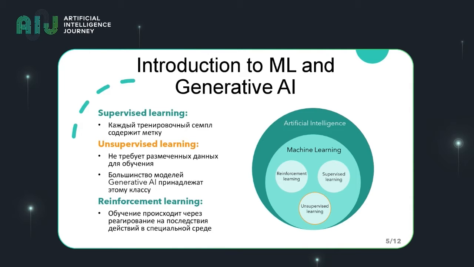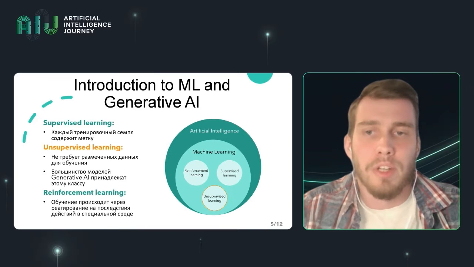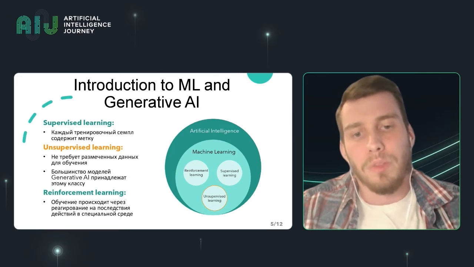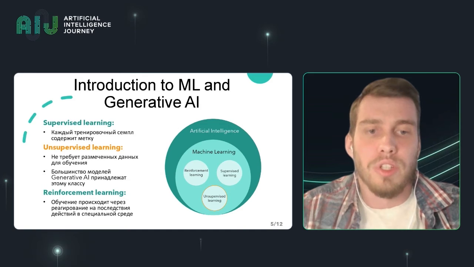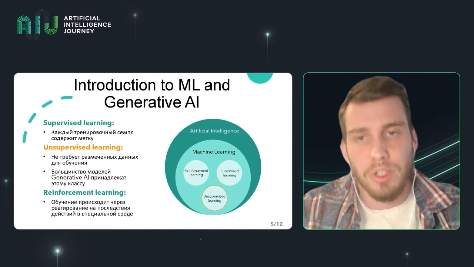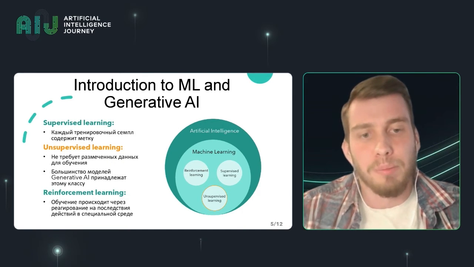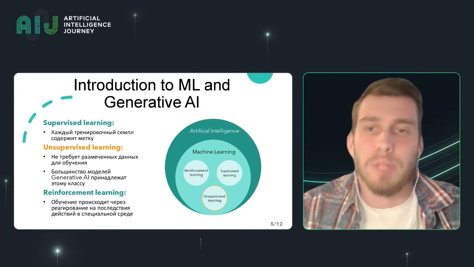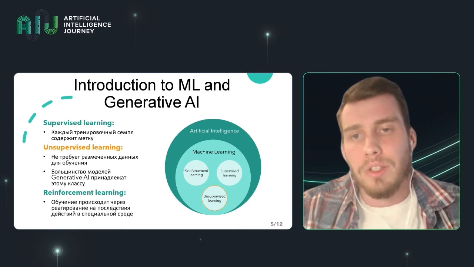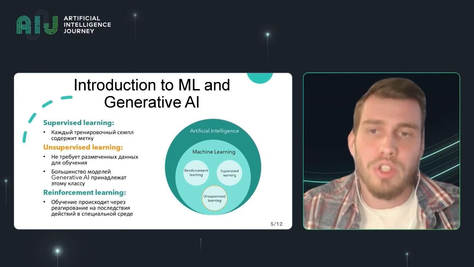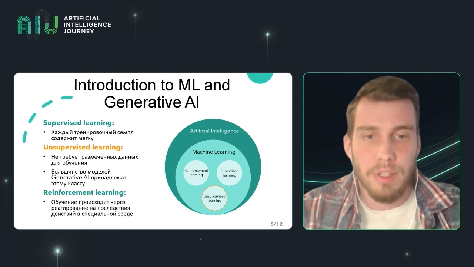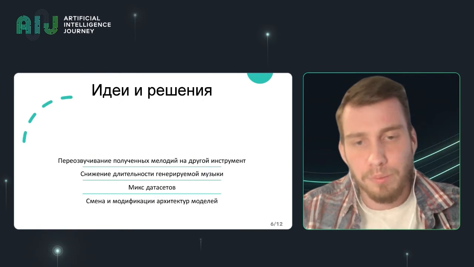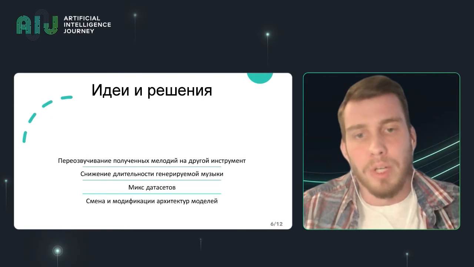A good example of such a task could be computer vision tasks. Another is unsupervised learning, when you have a model that does not need labeled data, and generative AI belongs to this area. Third is reinforcement learning, where the model is trained based on a sequence of actions in some specific environment.